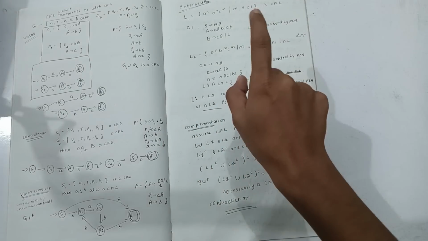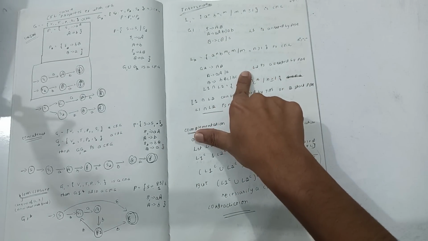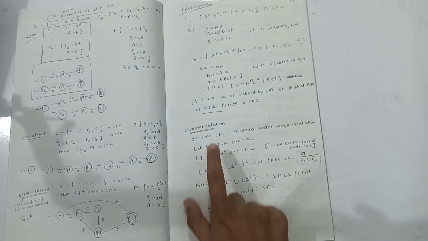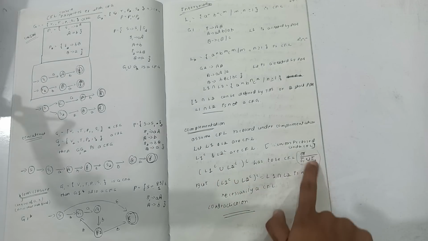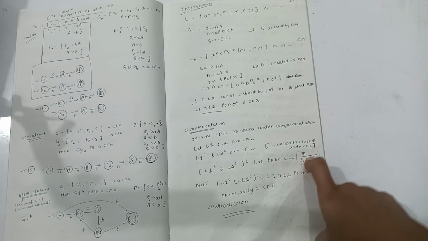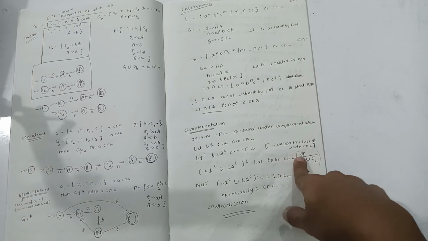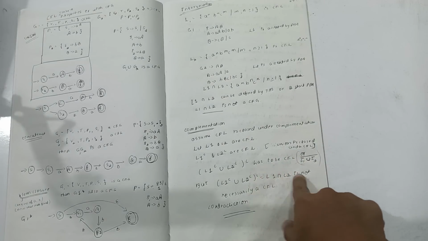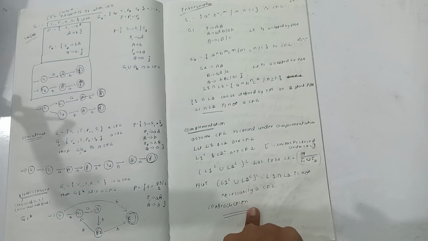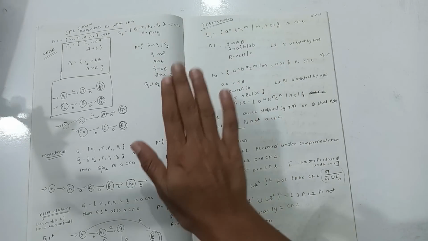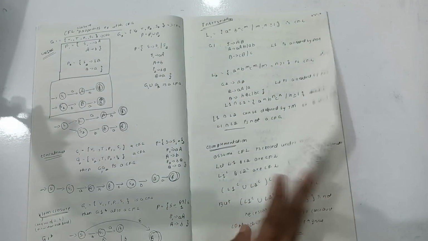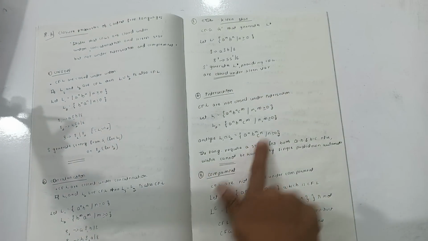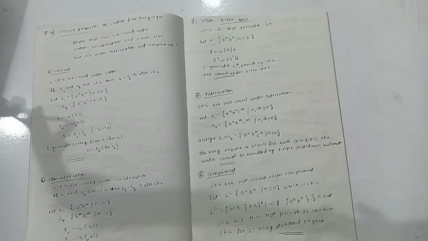So intersection is not closed under CFL. Then complementation, the formula looks the same as in the regular closure properties, right? So L1 intersection L2 is not necessarily a CFL. Try to write this example or this theorem. Both are the same anyhow.